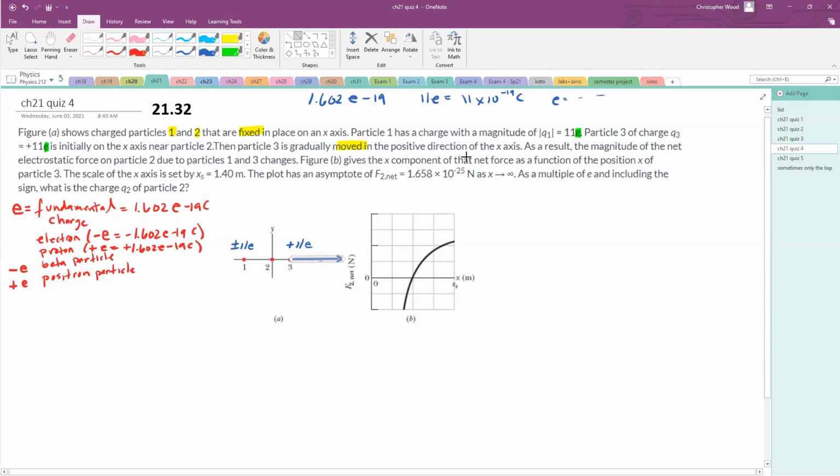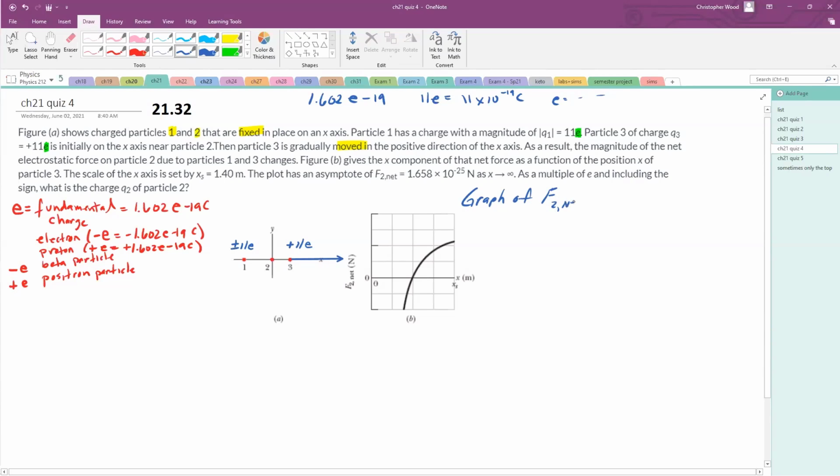As a result, the magnitude of the net electrostatic force on particle 2 due to 1 and 3 changes. Figure B gives the graph of the x component of that net force as a function of the position of particle 3. I'm going to have to write this down. This is a graph of F, the net force acting on particle 2.